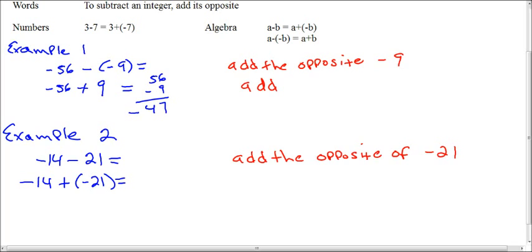Well, they simply say if the signs are the same, negative 14, negative 21, we just add the absolute values, and the absolute values are 21 plus 14. That's going to give us 35, and we keep the sign, which is negative.